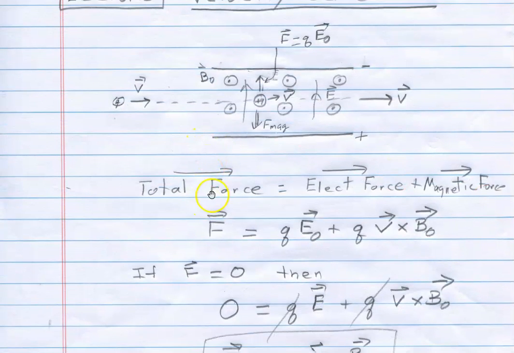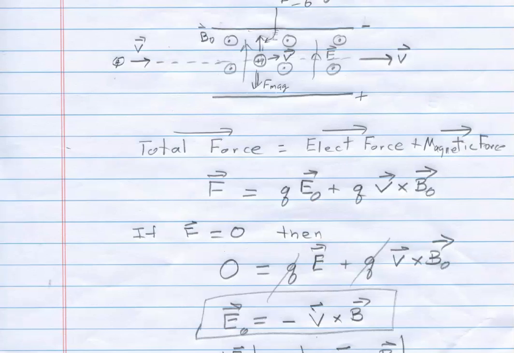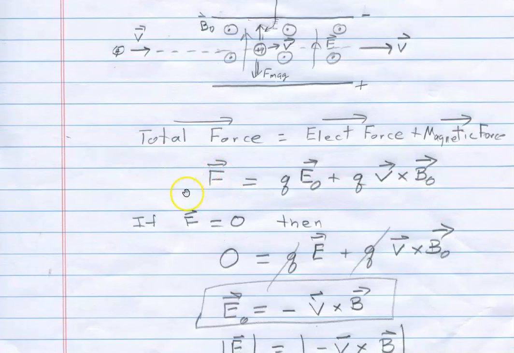Well, if you look at that, in terms of a vector, the total force on this charge is the electric force plus the magnetic force. The electric force was Q E naught. The magnetic force was Q v cross B naught. If I want to have just the right velocity so that this vanishes, then the total force is 0.